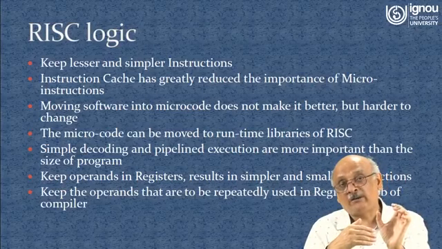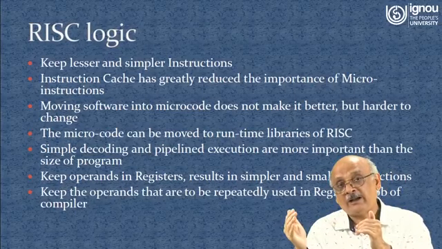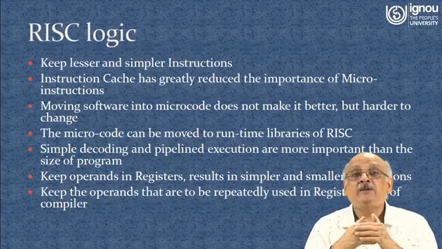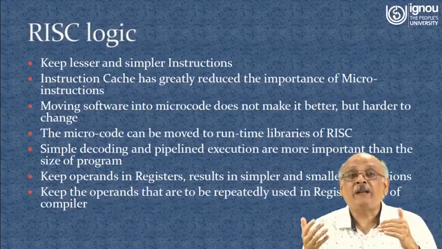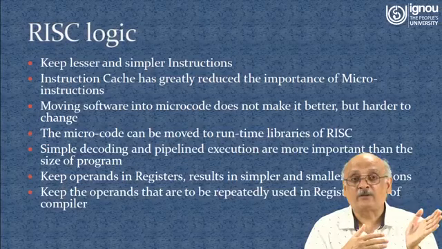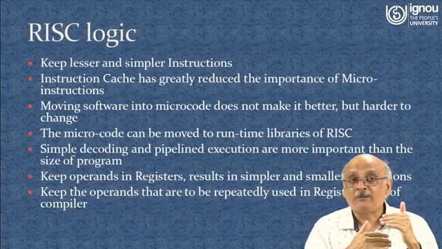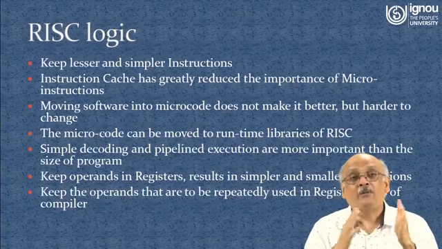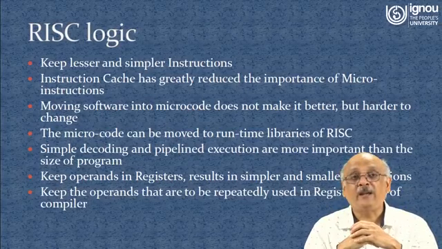If the decoding logic is simple and we are doing pipelined execution, then it may be very, very effective compared to the complex instruction set where we have a smaller number of instructions within a program, but the size of those instructions may differ, right? And it will be very complex to decode those instructions.